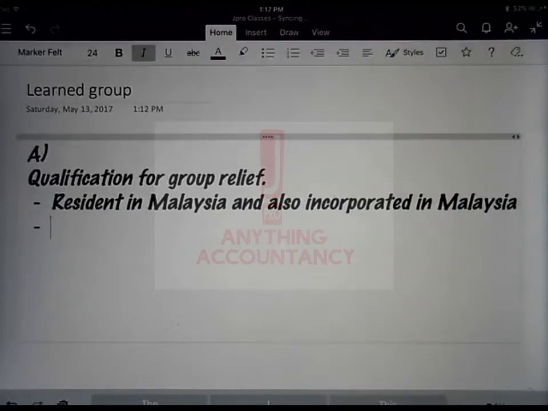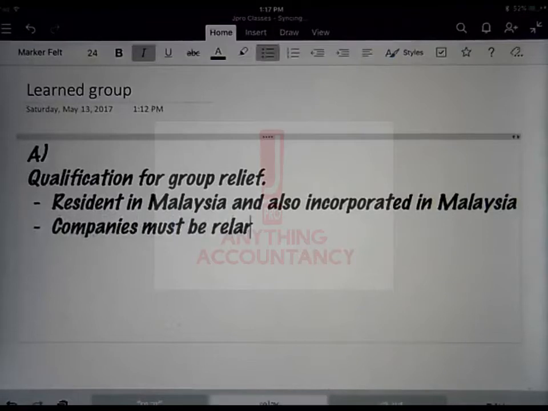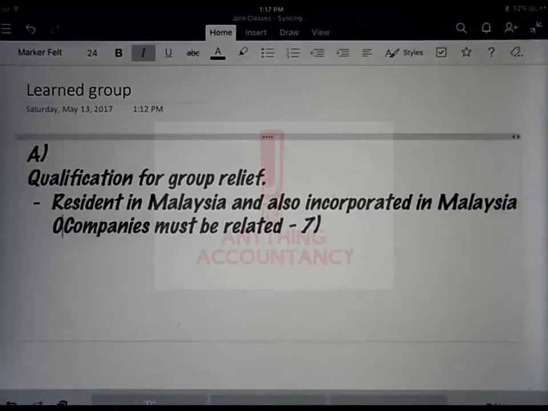Companies must be related. What is related? Either company holds 70% or more of the shares of the other, or another company holds 70% of both. Yeah, 70%.